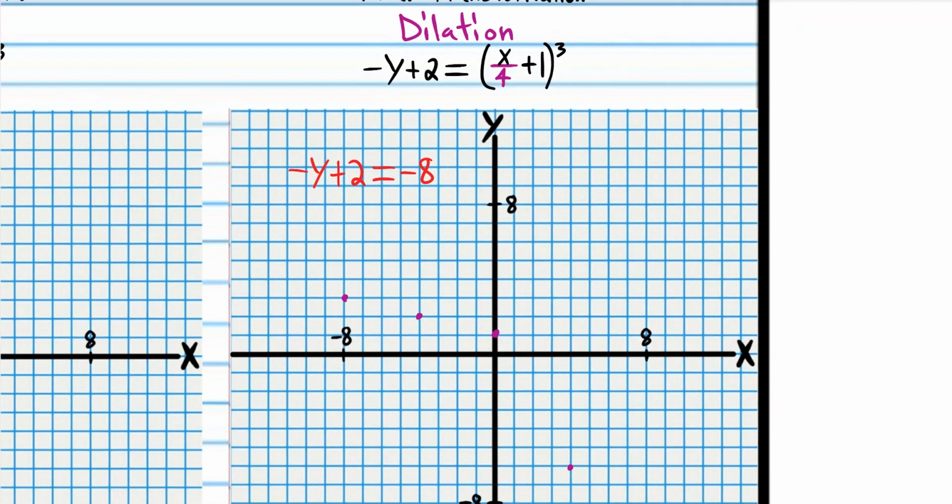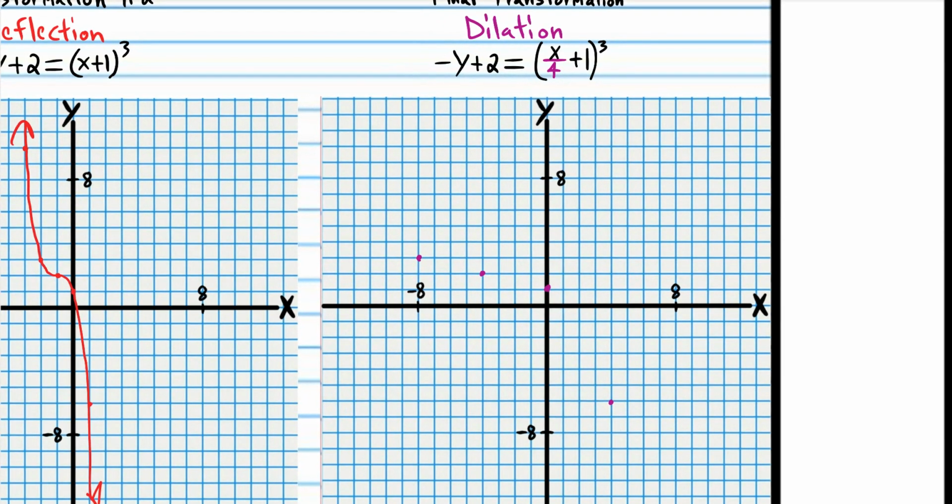I'm going to write this down. Subtract 2 from both sides. Divide by negative 1, and we get y is equal to 10. So if you plug in negative 12, you get 10. So 1, 2, 3, 4, 5, 6, 7, 8, 9, 10, 11, 12, and then up 1, 2, 3, 4, 5, 6, 7, 8, 9, 10.